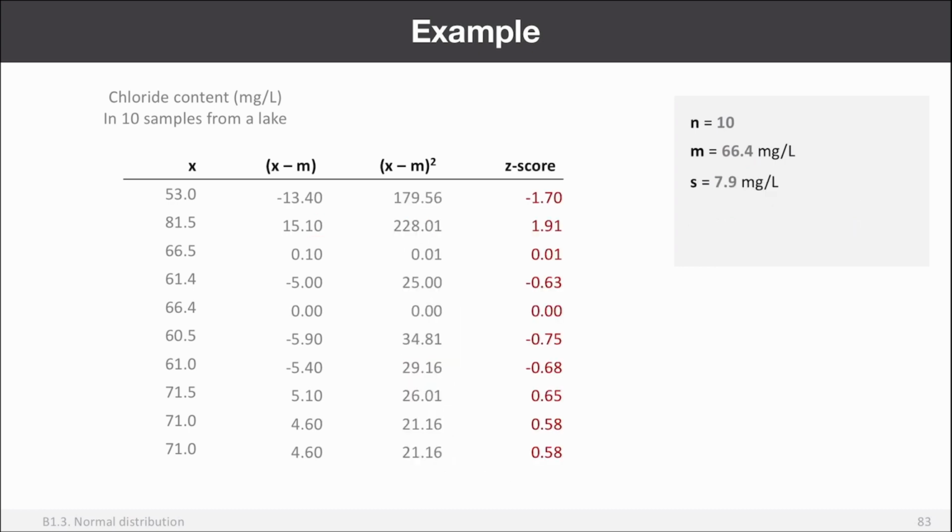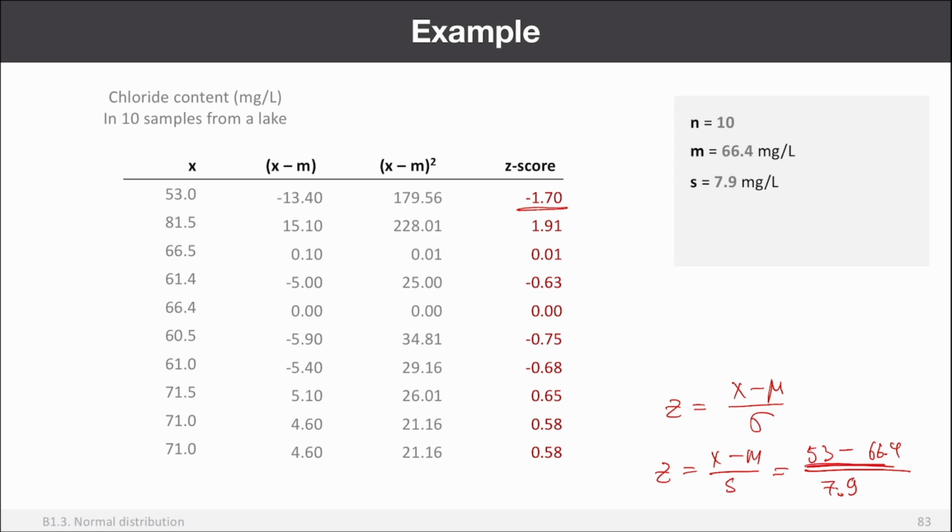Now I can also compute the z-score. For example, how did I get this one? Remember, in a population the z-score is computed like this, but because we have a sample, we simply use the sample estimate instead of the population parameter. It will be 53 minus 66.4 divided by 7.9.